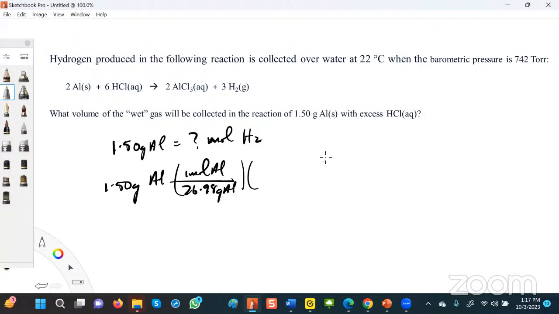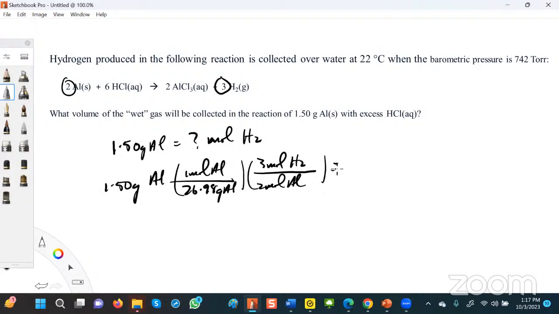And then the next step is looking at the mole ratios of hydrogen to aluminum. Based on the balanced equation, there's a 3:2 mole ratio. I'm going to put 3 moles of hydrogen above, and down here 2 moles of aluminum. So let's see what that gives. 1.5 divided by 26.98 times 3 divided by 2.